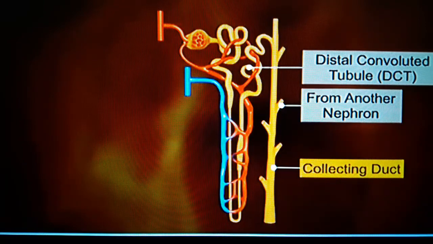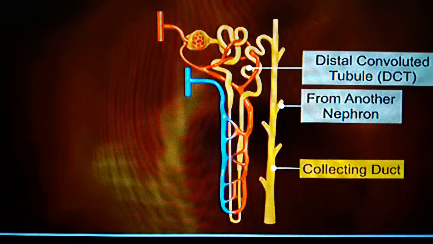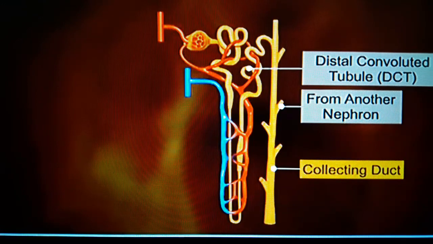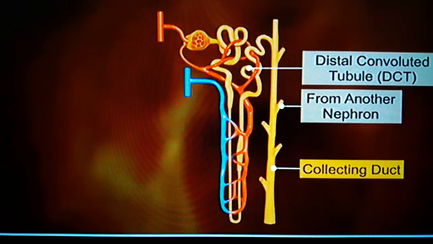They arise from the afferent arterioles and run parallel to the loop of Henle and the collecting ducts in the medulla. From the medulla, they loop back into the cortex region and finally drain into the venule.